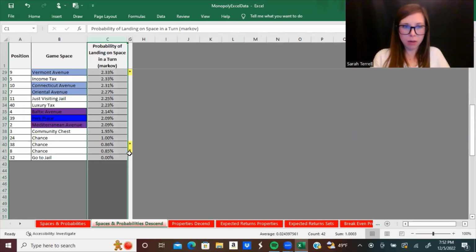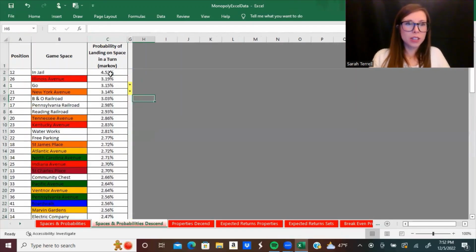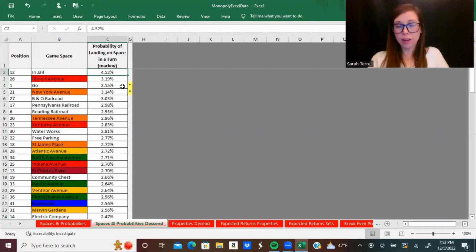So I'm going to go through this slow for you. I'm going to scroll down, starting with In Jail. In Jail is the most likely to be landed upon at 4.5% of the time on any given turn.